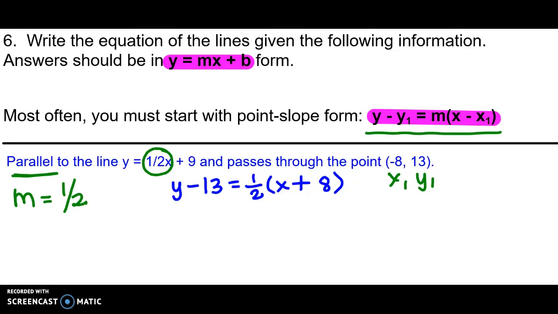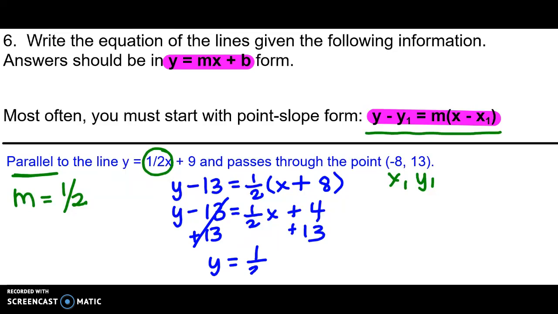Okay, distribute your 1/2. So we have y minus 13 equals 1/2 x, and then 1/2 times 8 is 4. And now to isolate the y, we must add 13 to both sides of our equation. And we are left with y equals 1/2 x plus 17.